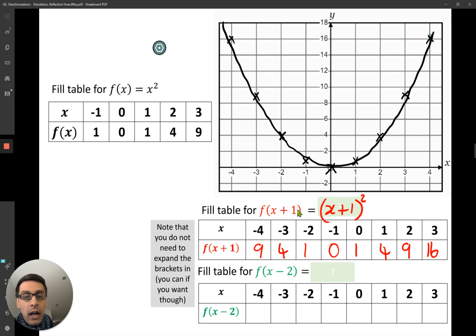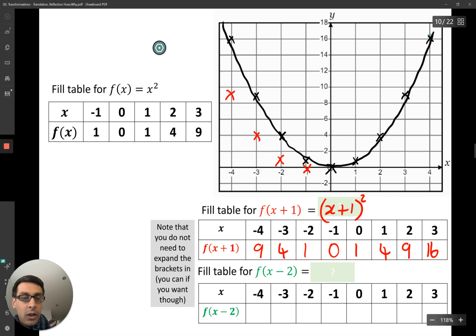So negative 4 goes to 9, so that's going to be up there. Negative 3 goes to 4. Negative 2 goes to 1. Negative 1 goes to 0. So we can actually see it's been shifted 1 unit to the left from what we can see here. All of these coordinates have just moved 1 unit. Let's just finish this off.